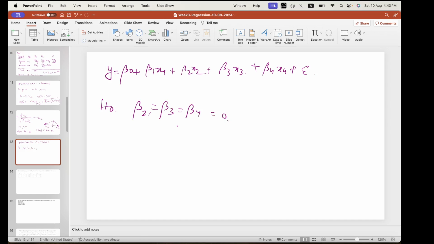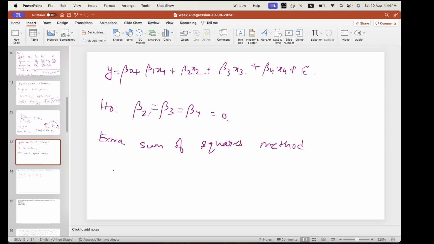So what I essentially want to say is that if I have to predict y, x1 and x2 should be enough, these are extra coefficients which I don't need. Alright, so what do we do in those cases? There we use the extra sum of squares method.